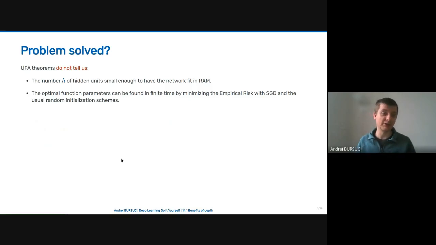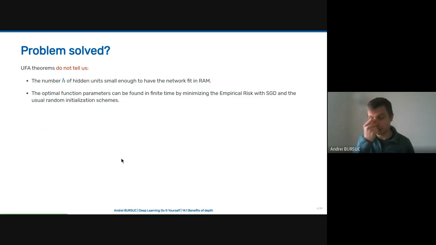Not quite, because this universal function approximation theorem does not tell us what's the ideal number of hidden units, such that the number of hidden units is small enough to have the network fit in RAM. Anyway, the RAM varies from one machine to another. It doesn't tell us either whether the optimal function parameters can be found in finite time by just minimizing the empirical risk with stochastic gradient descent and the normal random initialization scheme.